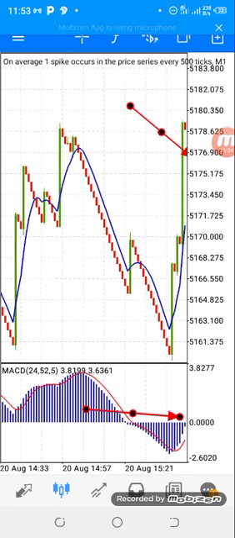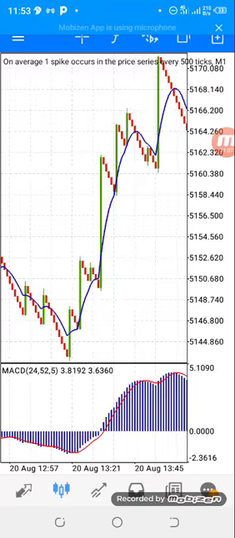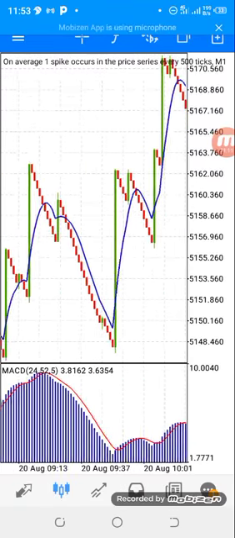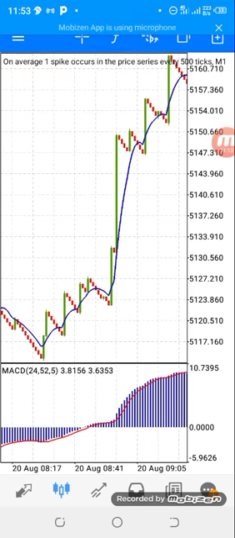Let's wait for another signal. Within 1 to 2 hours, at least with this system, you will get almost 5 to 10 solid signals on all the pairs, both Boom 500, Boom 1000, Crash 500, Crash 1000.